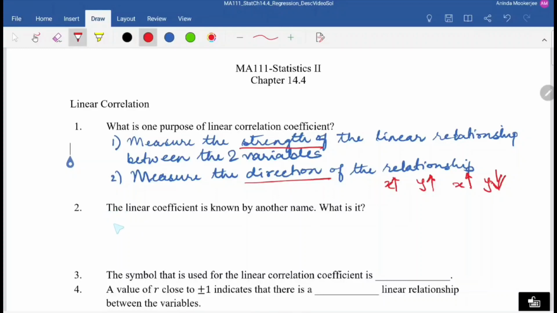Now number 2 says the linear coefficient is named by another name. What is it? So I'll just give you the name here. This is not a very important question, but the linear coefficient is known after the person who studied and came up with this concept, and his name was Pearson, and therefore the linear coefficient is also known as Pearson product moment correlation coefficient.